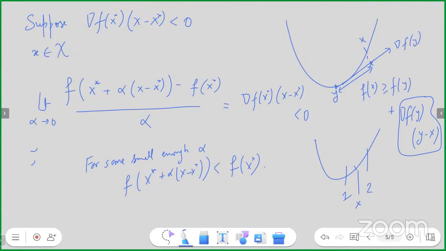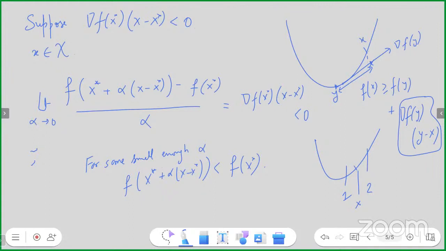But one can ask that if we take a smaller neighborhood of x star, then it might not hold. What do I have to prove? No, I'm saying if this is less than 0, then x star is not a local minimum. I'm not showing anything more.